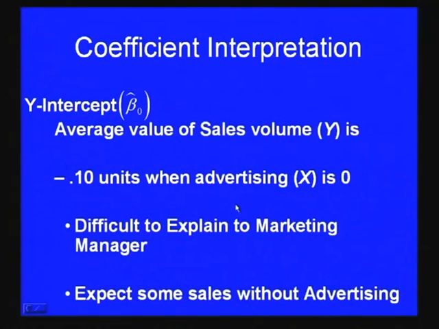It is very difficult to explain why it is so, because we can expect some sales amount without advertising also, but here it is negative. Anyway, beta naught hat is the average sales volume, which is equal to minus 0.1 when the advertising cost is equal to 0.